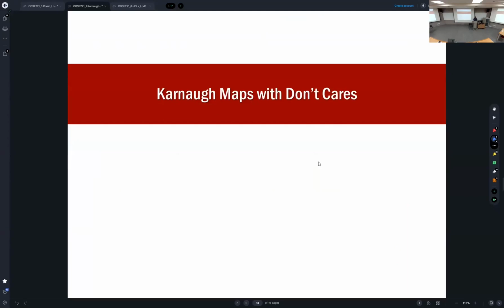Also, when we optimize a Boolean equation using a Karnaugh map, we can also consider the don't cares. So what is don't care? What are don't cares? Actually, we can use the symbol X to represent don't cares, right?